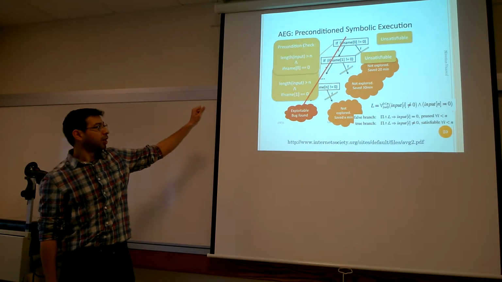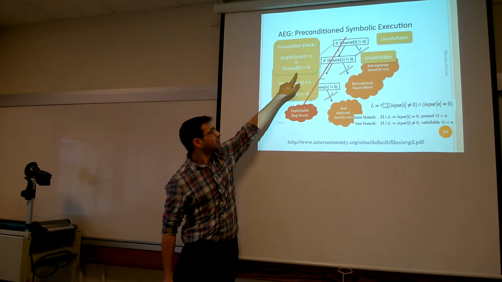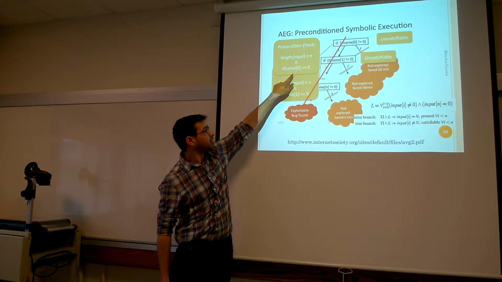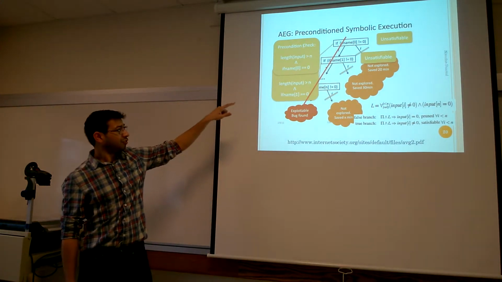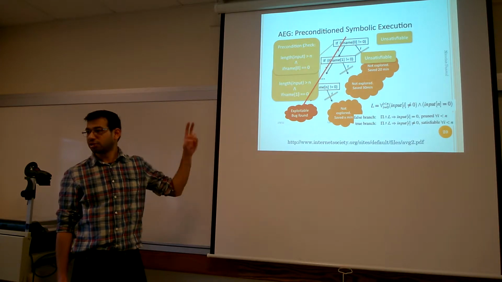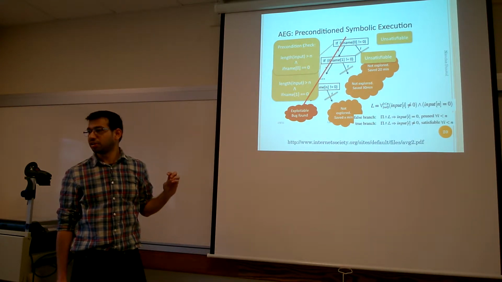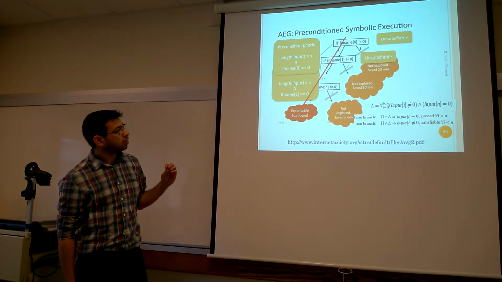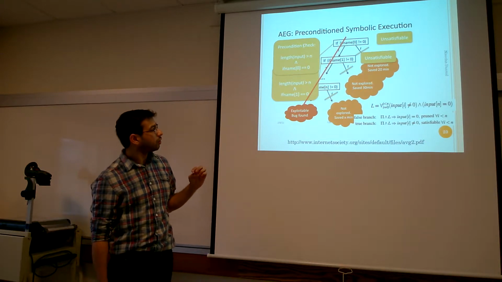Yes. But the condition up here says that if the first character is equal to null, which is a little contradictory. So along the false branch, there is a contradiction. They're creating a contradiction along the path they don't want to explore.